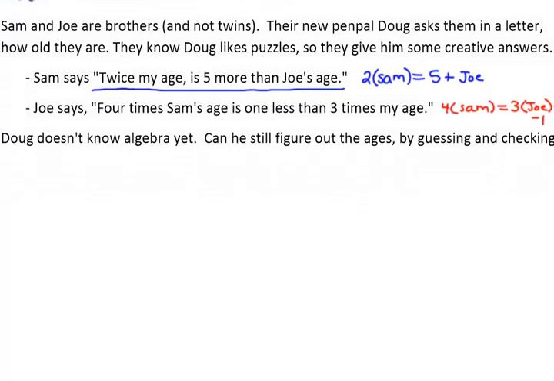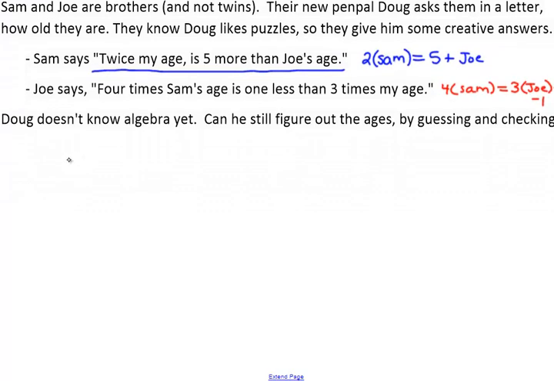Okay, so let's see if we can do this. We're just gonna pick somebody to guess whose age it is. You could pick either Sam or Joe. I'm going to let my guess be Sam's age.